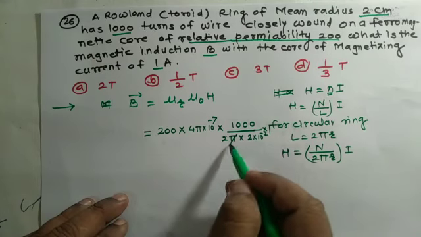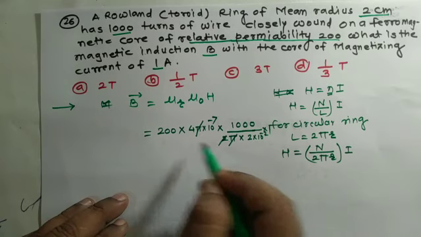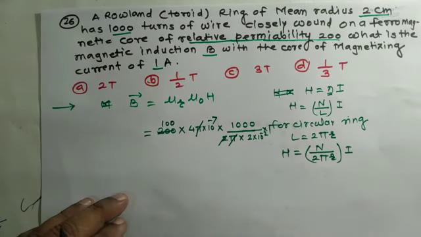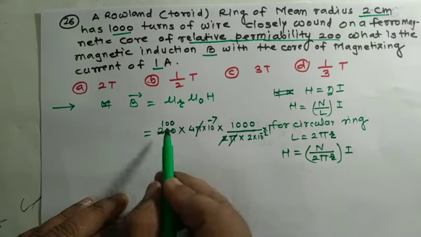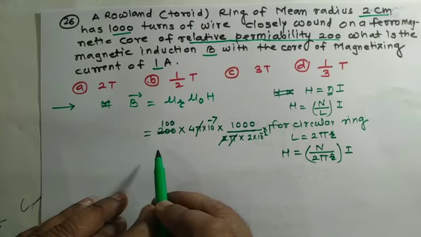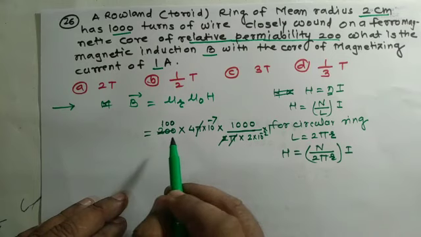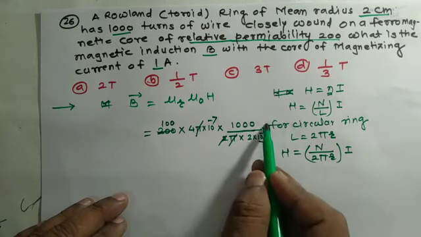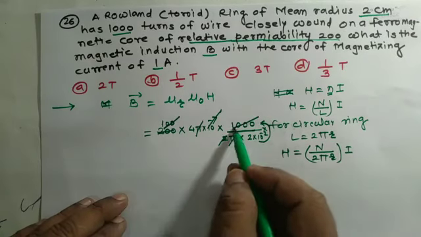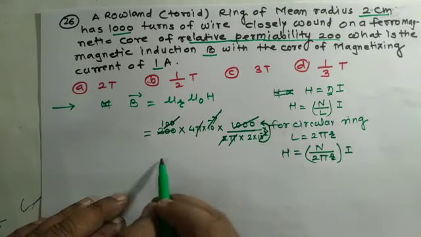Pi gets cancelled, 2 gets cancelled. Then 10 raised to minus 7 and 10 raised to plus 7 get cancelled.